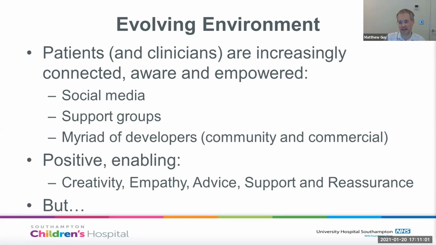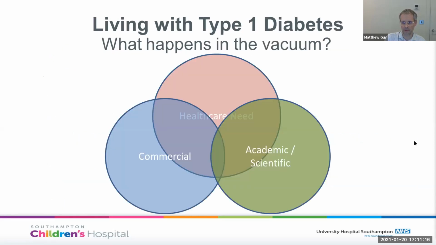So in many ways, that connectivity has been a positive, but it's generated both ideas and empathy and given patients and healthcare professionals support. But it can also lead to unregulated solutions appearing. So what I'd like to do now is to give you an example of what happens when this gap meets that evolving environment. What solutions emerge in the vacuum of that formal input from the healthcare system.